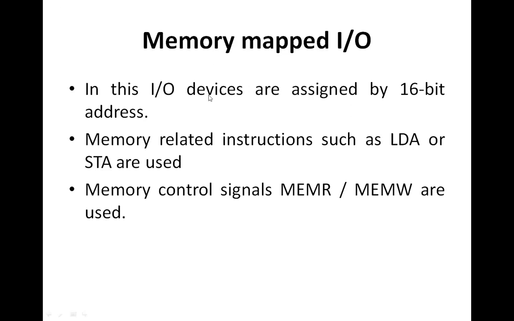So all the memory related instructions such as LDA or STA will be used instead of the IN instruction and the OUT instruction. It means if the peripheral devices are connected in memory mapped input output, there is no use of the IN and OUT instructions, and all the memory related instructions will be used for transferring the data either way.